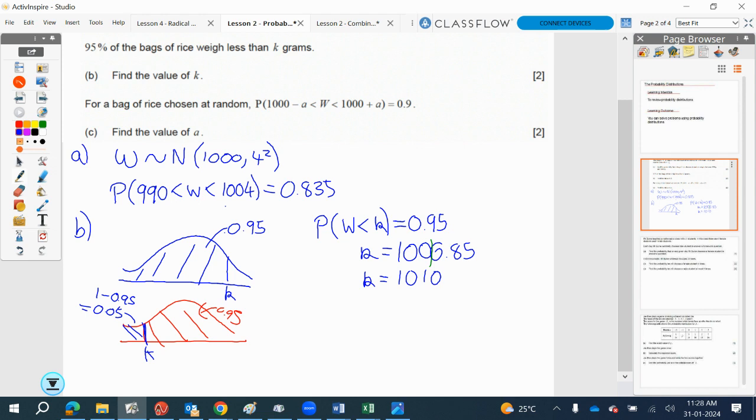If you had the question 95% of bags weigh more than K, you would have to use that technique. So when it says more than, draw the diagram; it only gives you a left tail. One of the harder questions is when you have an area between two points to find, and then you've got to do two probabilities. Those are the hardest part.